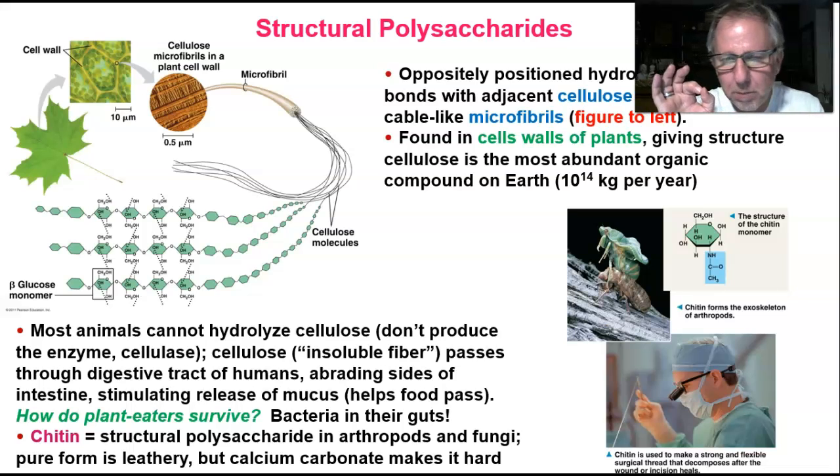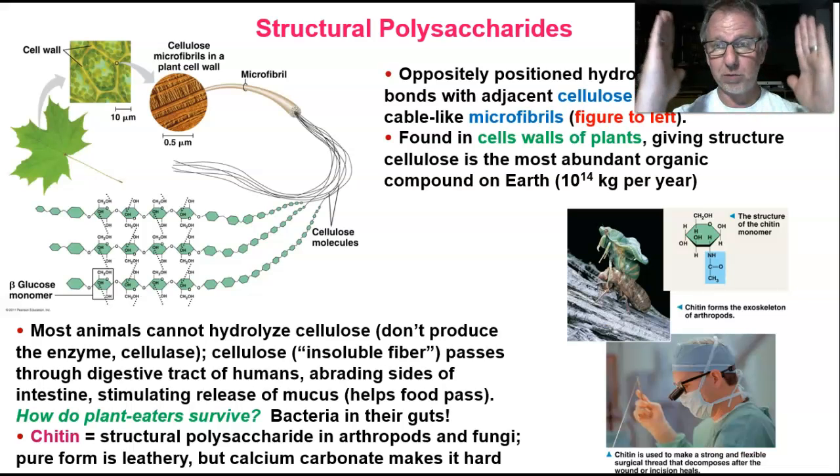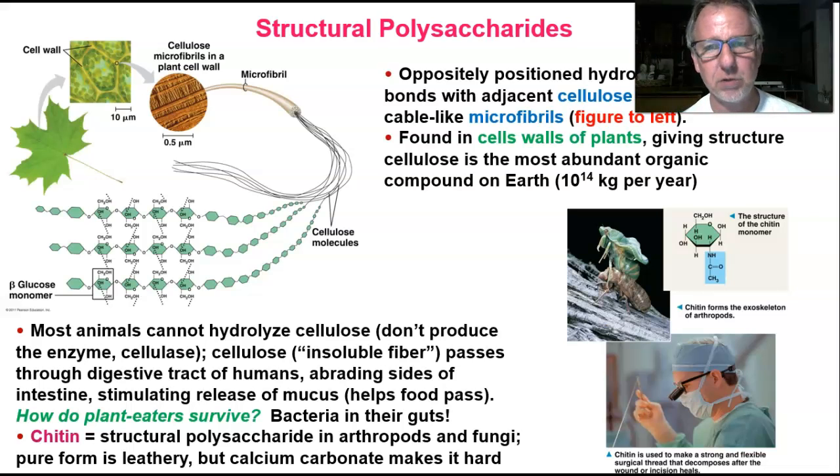And if you then magnified even more, you'd see that these microfibrils are made up of individual long cellulose molecules that are sticking together with hydrogen bonds. So that's what makes plants strong and tough and helps them to stand upright on land, is the cellulose in their cell walls.